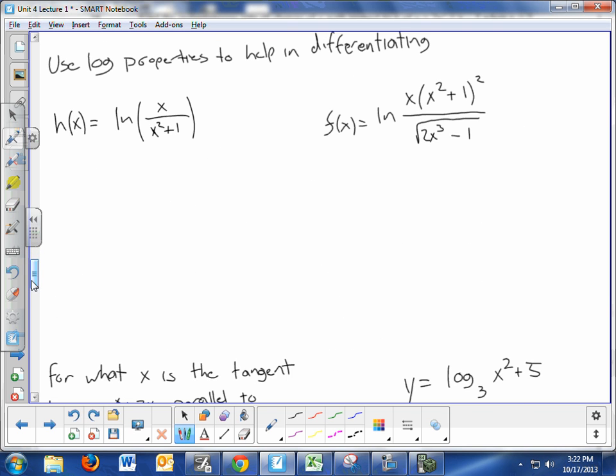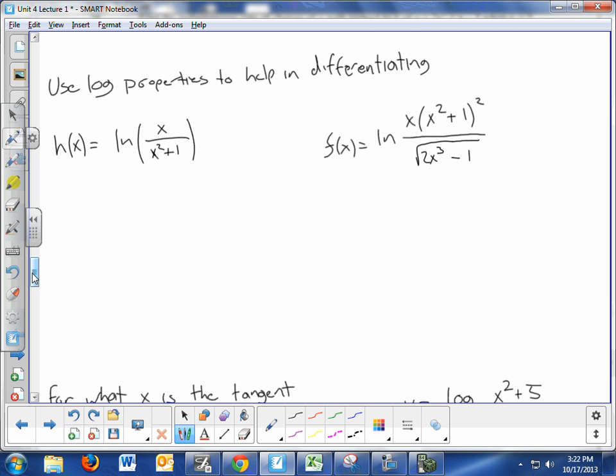Sometimes you're going to really, really want to use log properties instead of using the chain rule. Examples are these two. I could say the derivative of this h of x is 1 over this function times the derivative of this function. Right? No problem. That's fine. However, I would rather rewrite this function using my log properties and take the derivative of that.